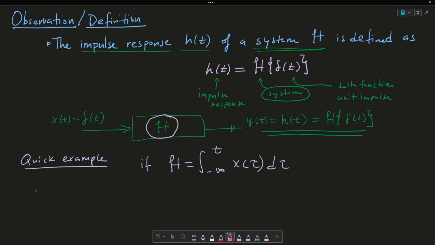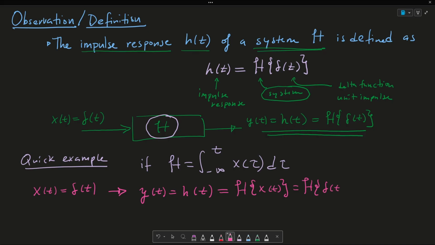Engineers say that if x of t is equated to delta t, which is a special function, then my output y of t, which we call h of t, is this impulse response. So we get h when we input x of t, or h when we input this delta t.